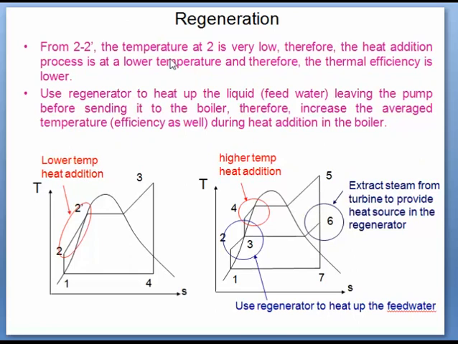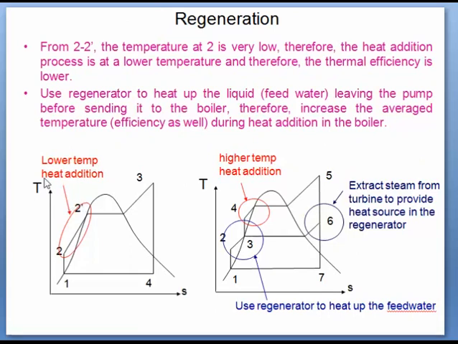The second method to increase the mean temperature of heat addition is the regeneration process, which also leads to an increase in thermal efficiency of the Rankine cycle in comparison with the simple Rankine cycle.